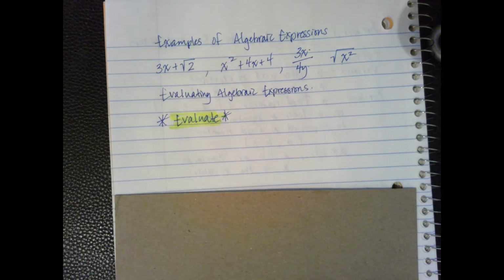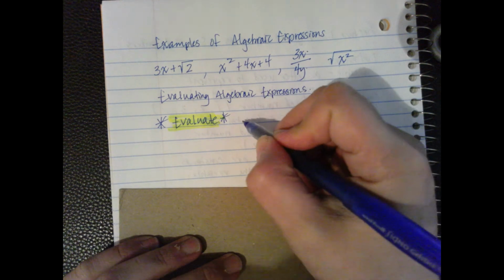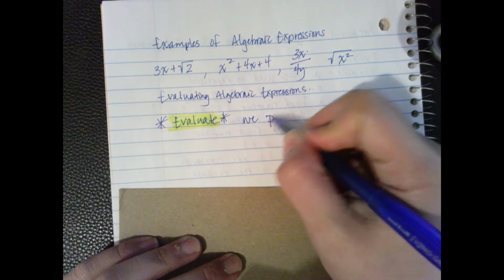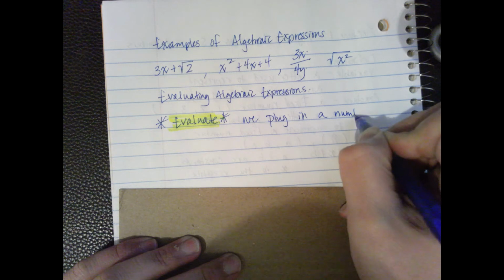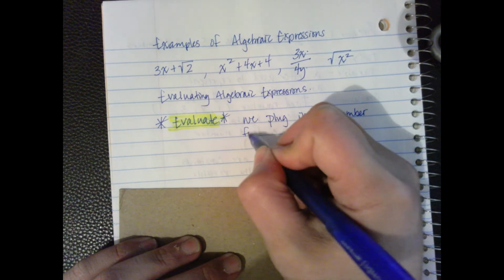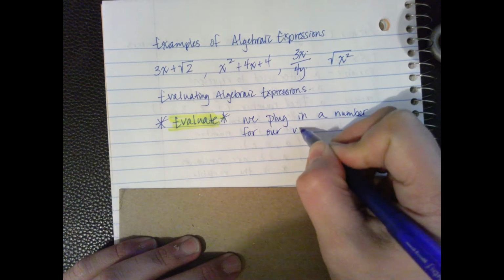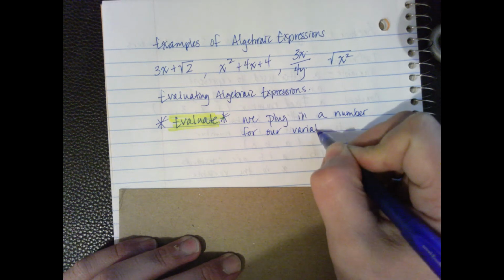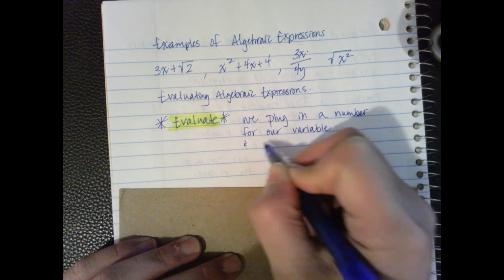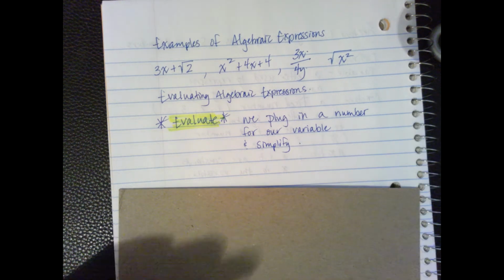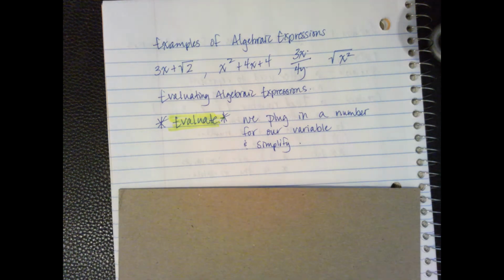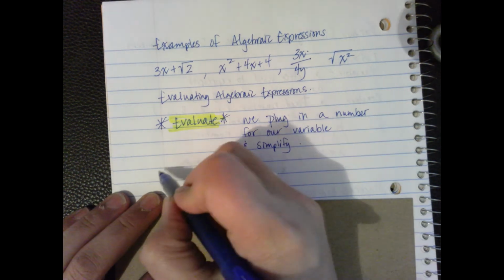So when we're asked to evaluate something algebraically, we plug in a number for our variable and simplify. And by simplify, it means we're going to perform all the operations we can perform after we plug in that number. Okay, so example 1.